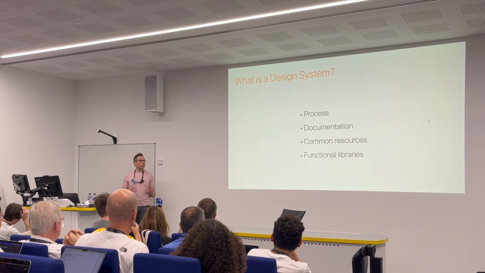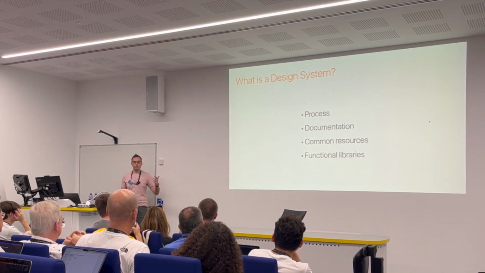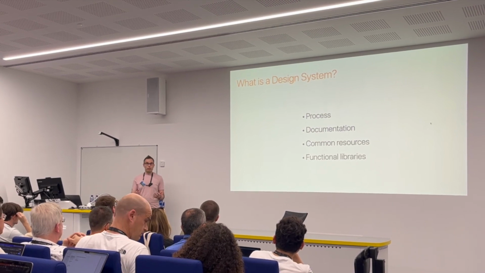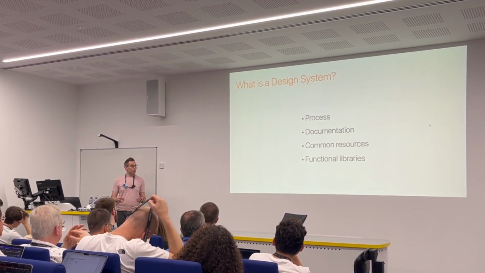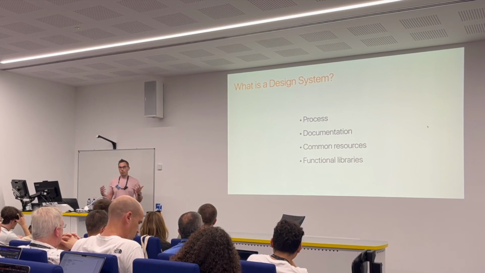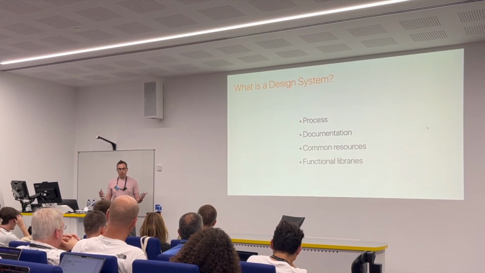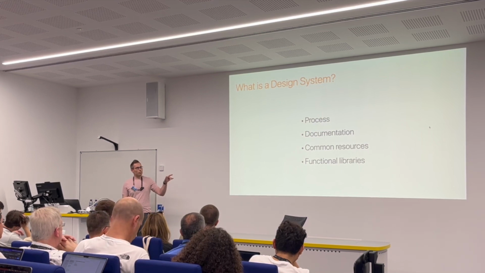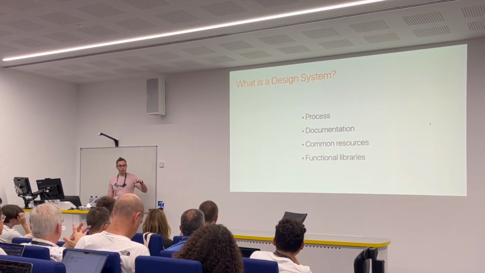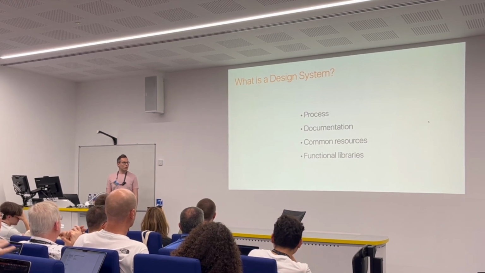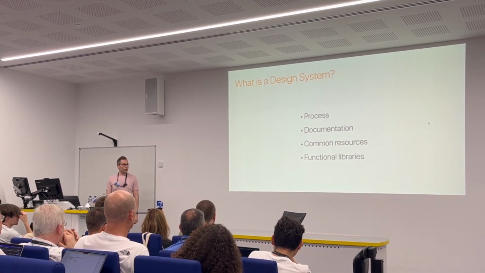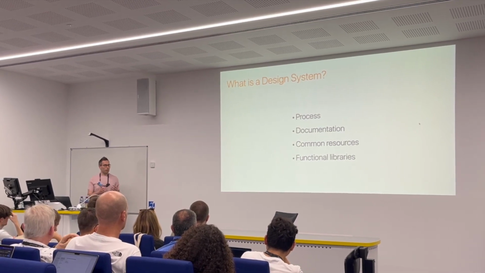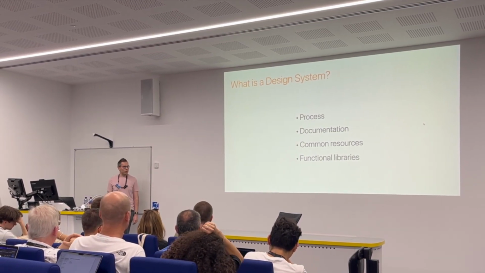At Deliveroo, we saw it as the process, the documentation, some common resources, which were Figma files shared across all the designers that they could use as templates, and functional libraries that would have shared common stuff across Android, iOS, the web, and all of that. And this last bit is probably the most interesting part for us, because we're building that stuff, and the rest of it is normally handled by other members of the team, but obviously they'll interact with us quite a lot, some more than others.